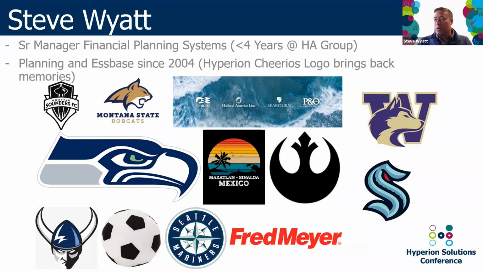So a little more about this Hyperion Solutions Conference. Whenever I saw this come back about a year ago, that logo inspired a lot of nostalgia for me. I attended my first Hyperion Solutions Conference, I think in 2005, which I believe was in New Orleans. At that time, they first started talking about version 7, which was supposed to be about 10 times faster than the previous version, which I think was 6.5.